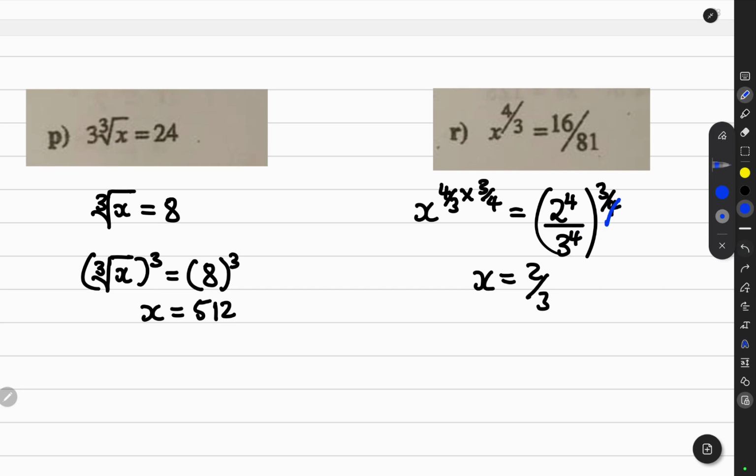So you're going to have 2 over 3, all this to the power 3. So at last, you'll say x equals 8 over 27. And that will be it for today, guys.